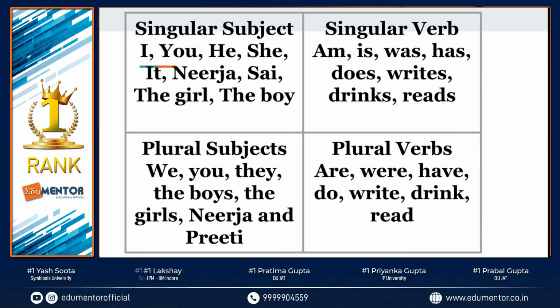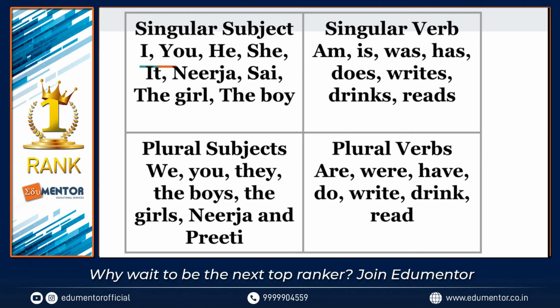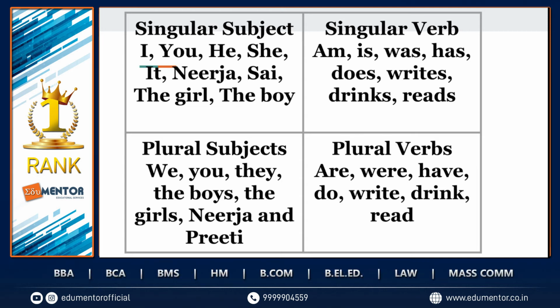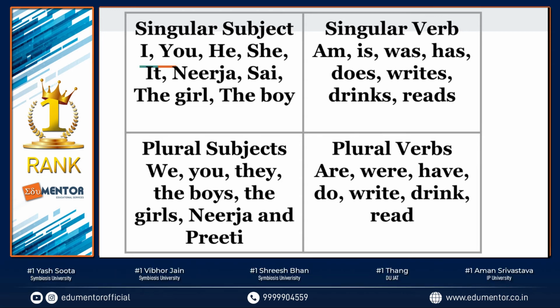You need to know how to identify this. This is important, okay? Now, when I talk about singular subjects, all right, singular subjects are I, you, he, she, Sai, Nirja, the girl, the boy. These are all singular subjects.